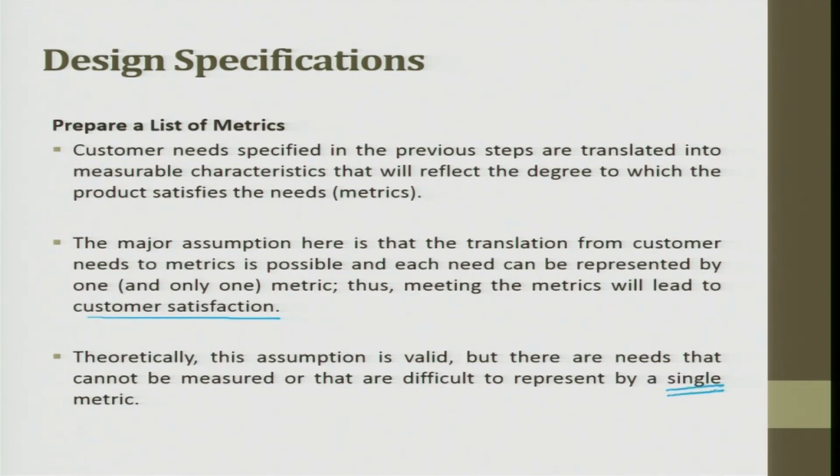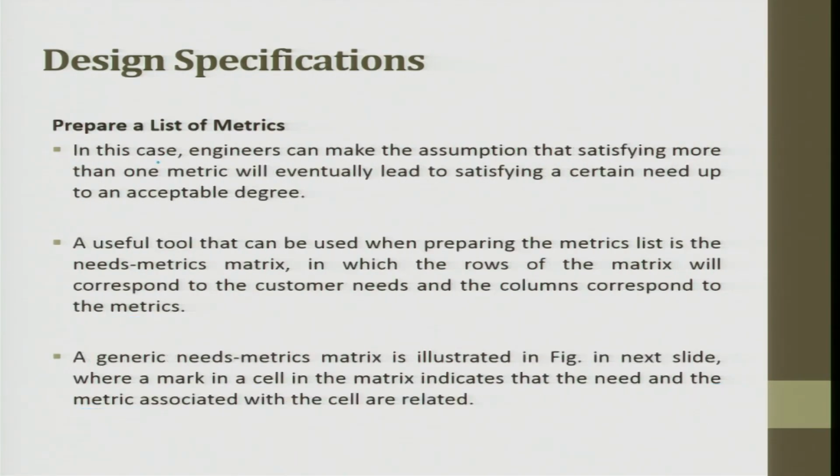So, it is very difficult to have a single metric. So, what we will do is we will try to have a combination of metrics and then try to prioritize and then prepare the metrics for the specification. So, in this case engineers can make the assumption that satisfying more than one metric will eventually lead to satisfying a certain need up to an acceptable degree.